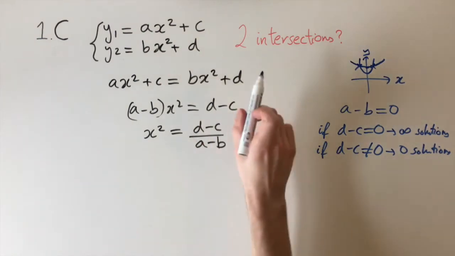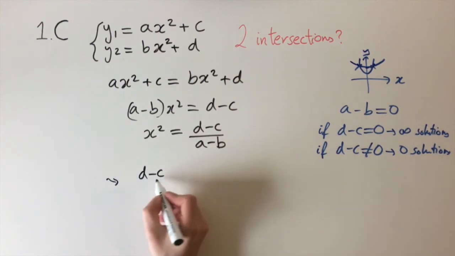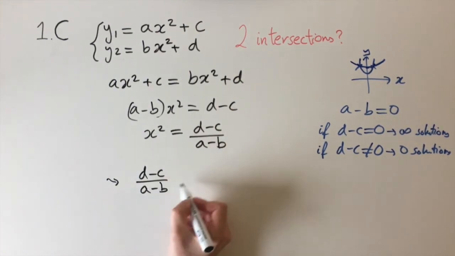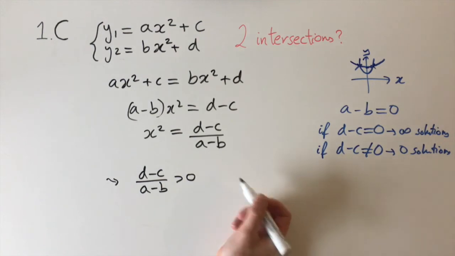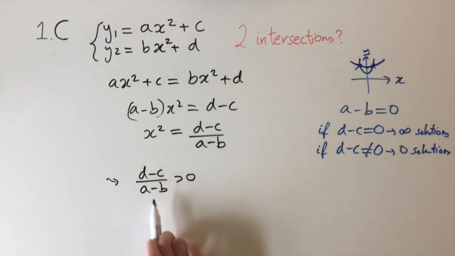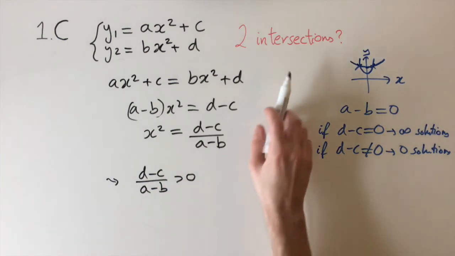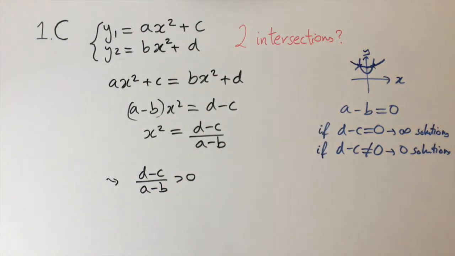So to have two intersection points, our answer is going to be that we need d minus c over a minus b to be strictly positive. This is a condition, so no matter what values of a, b, d, and c, if this is satisfied, then we're always going to have two intersection points. And lastly, I'm just going to do a simplification.